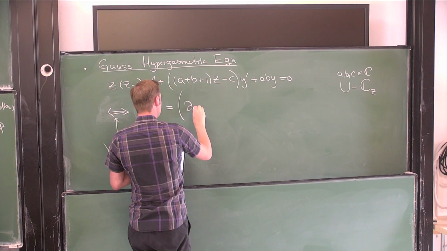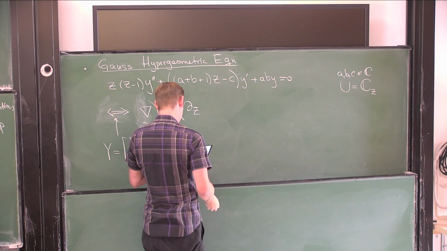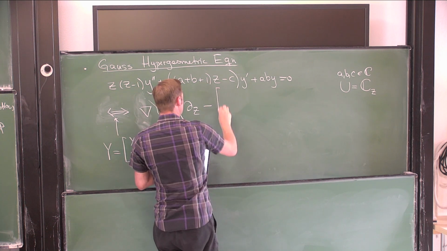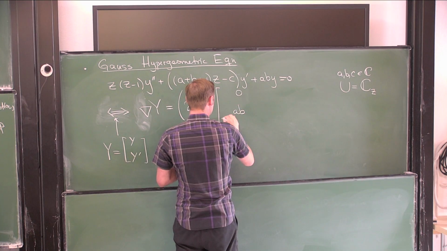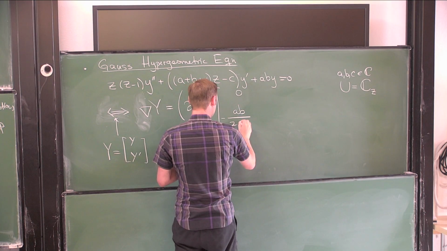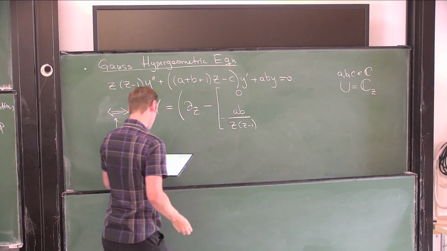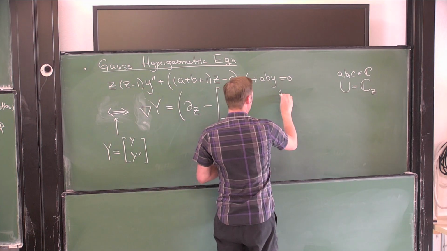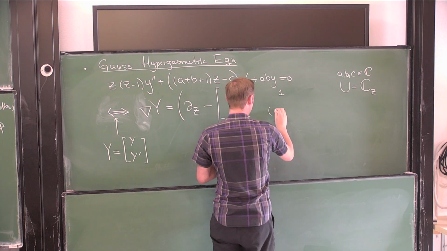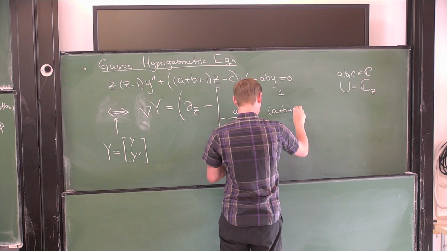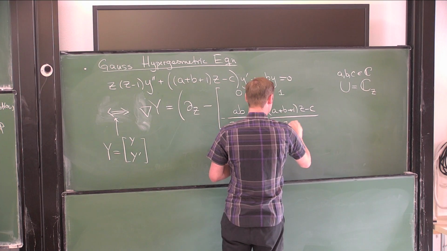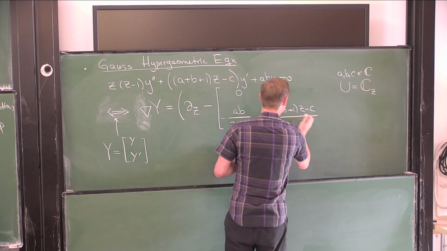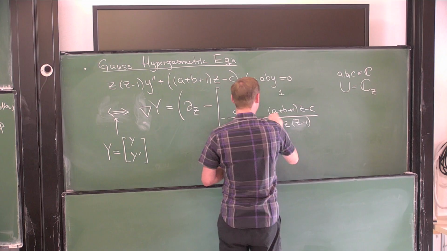So the system that you get looks like this. Over z minus 1, a plus b plus 1 z minus c over z minus 1 with a minus.